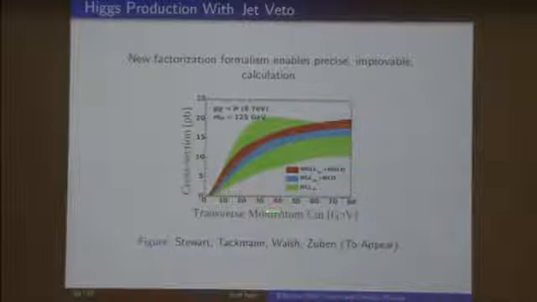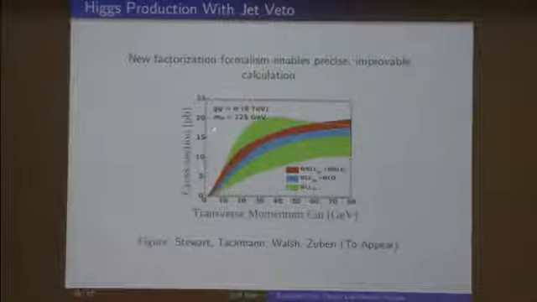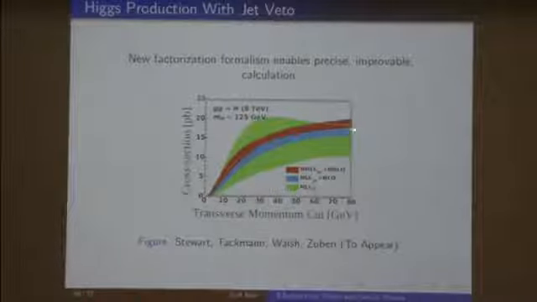In other words, this just specifies how much energy you're allowing to go into that transverse region. And on this axis is the cross-section, which is just sort of the probability to see an event given the fact that you've made this transverse momentum cut, this vetoing on how much transverse energetic radiation there can be. And the new factorization formalism that my collaborators and I developed enabled these increasingly accurate bands to be calculated.